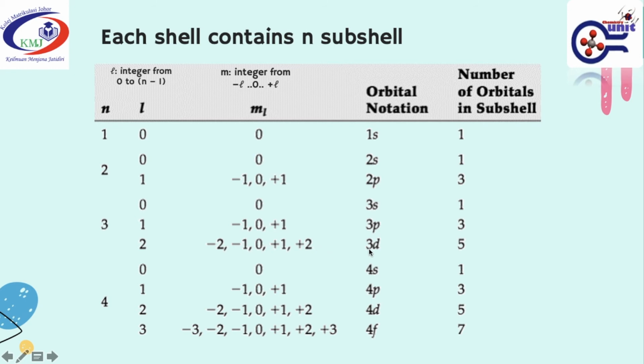Orbital notation, look at the number of N and L. So N, 3, L, 2. 2 indicates d orbital, so the orbital notation is 3d. And number of orbitals in subshell 5, because it has 5 different orientation, 5 values of m. Same goes to n is equal to 4 and so on.